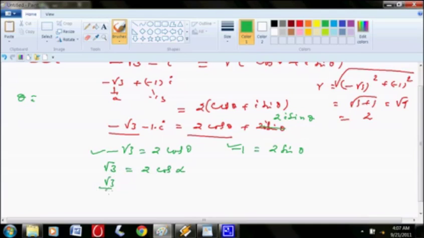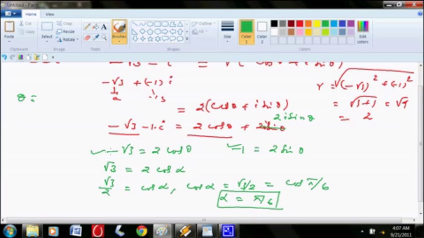So root 3 by 2 is cos alpha, or cos alpha is root 3 by 2, which is cos of pi by 6. So alpha is pi by 6.